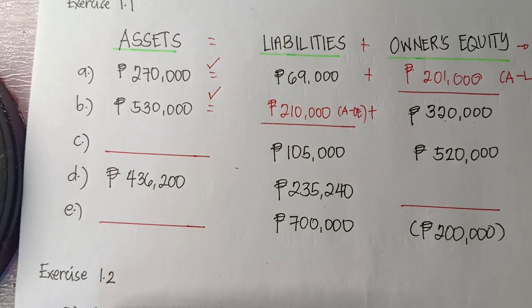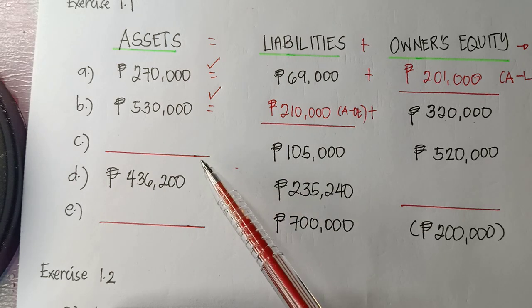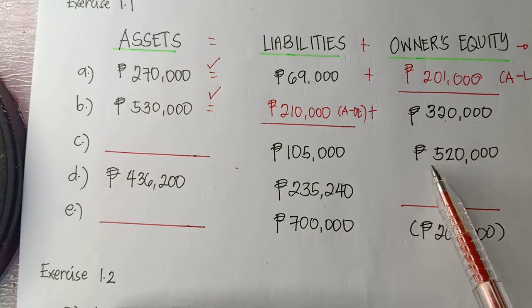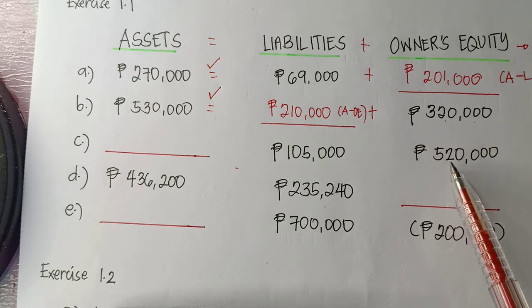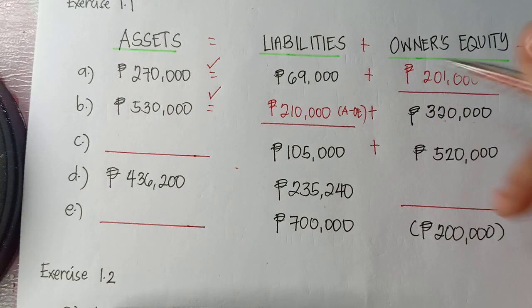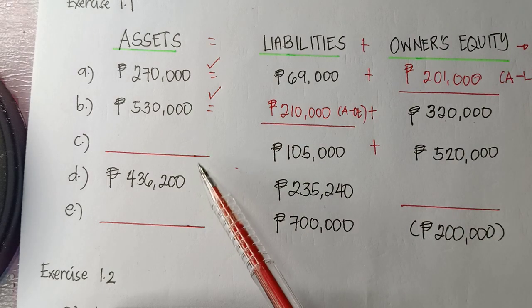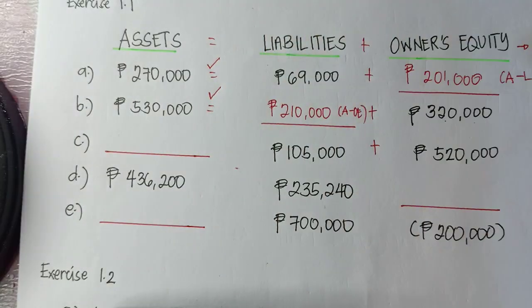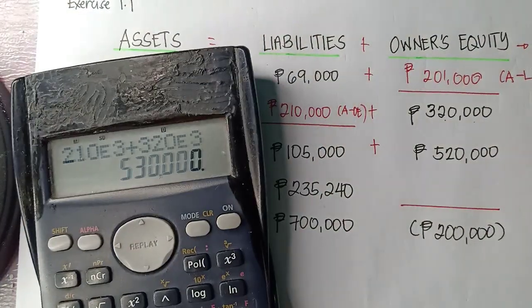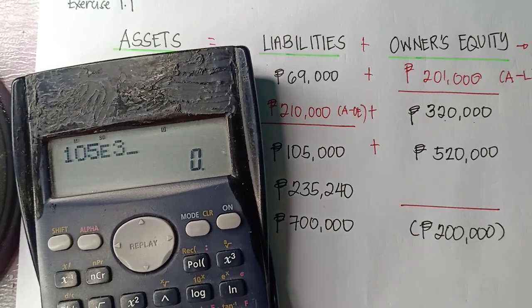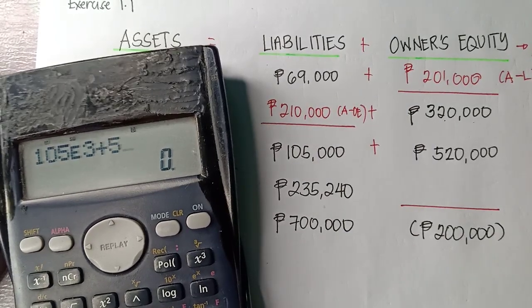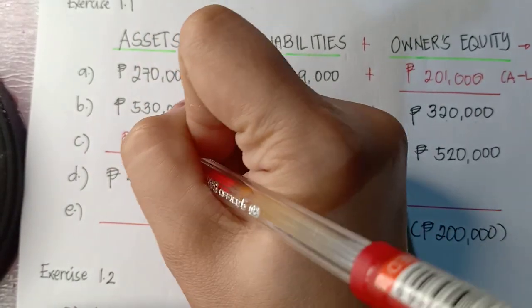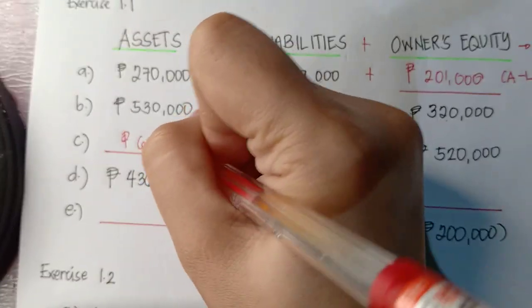Next, we have assets missing, liabilities of 105,000 and owner's equity of 520,000. Now we have to find the assets. And how are we going to find the assets? Liabilities plus owner's equity. So liabilities of 105,000 plus 520,000, so the total assets is 625,000.